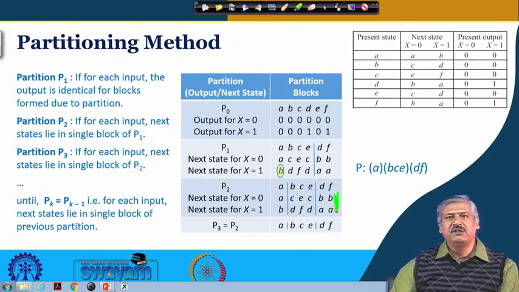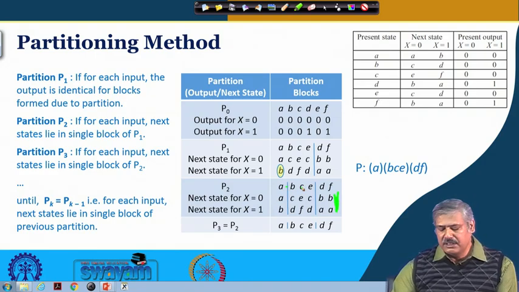Now we further examine whether, now that a new partition has been formed, the situation changes. So A is only a single member, so there is nothing like a partition that is possible. For B, C, what we see is that x is equal to 0, C, E, C, it is over here in one block, and x is equal to 1, D, F, D, it is there in the second block, so no conflict, okay, so all are alike.